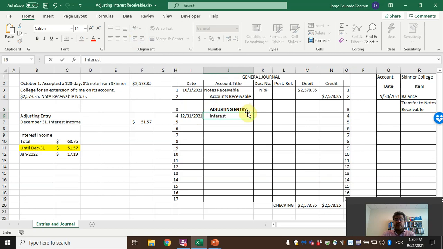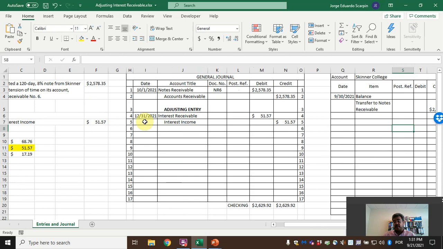It is interest receivable 51. And here, interest income, the 51. And usually we have no special journals for interest receivable or interest income.